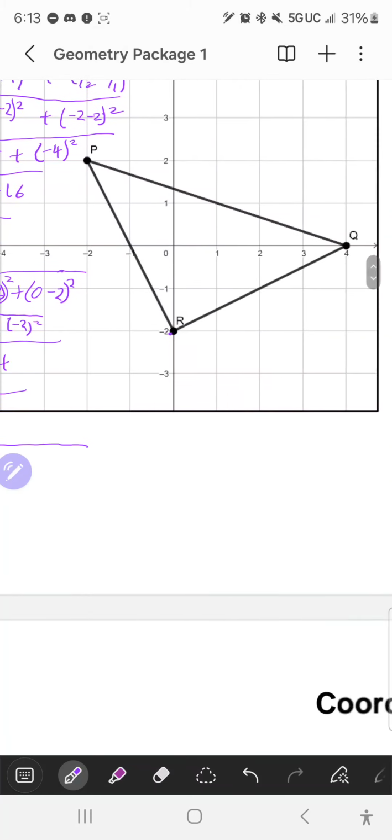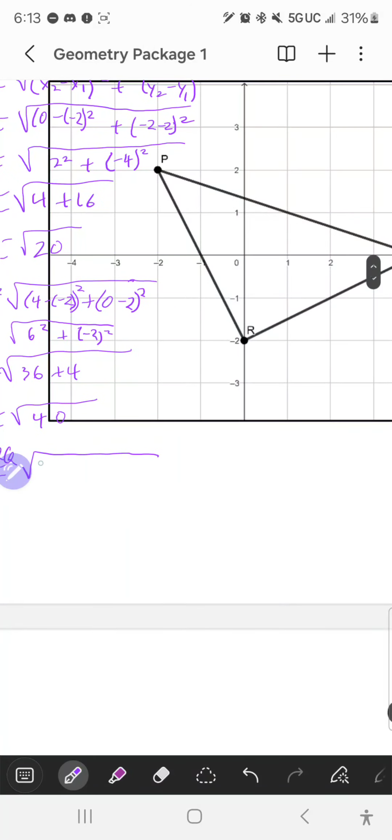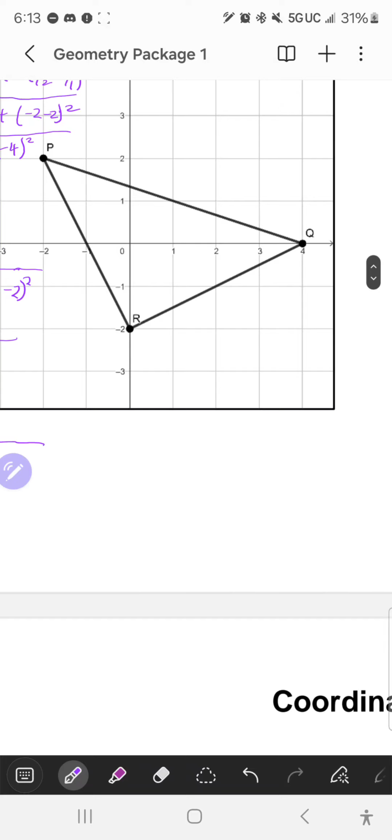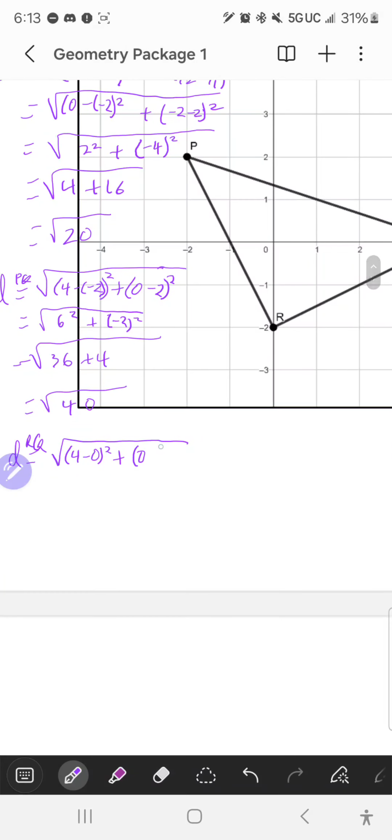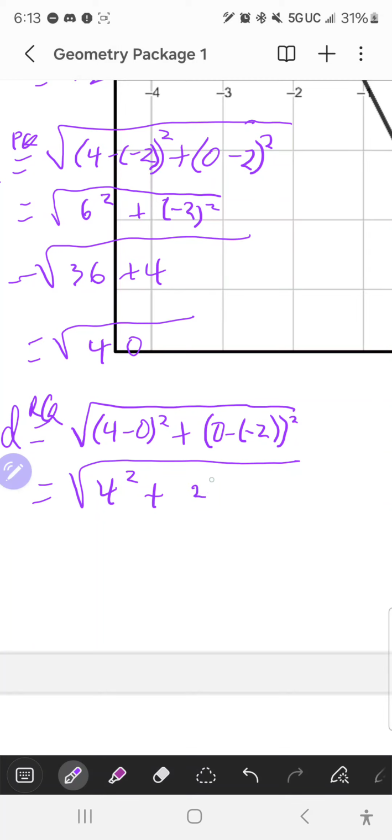We have the formula for RQ. So x2 is equal to 4, x1 is equal to 0, squared, plus y2 is equal to 0, y1 is equal to negative 2, so 0 minus negative 2, and this is squared. 4 minus 0 is obviously 4, and we keep the square, plus minus minus is positive, so 0 plus 2 is just 2, squared.